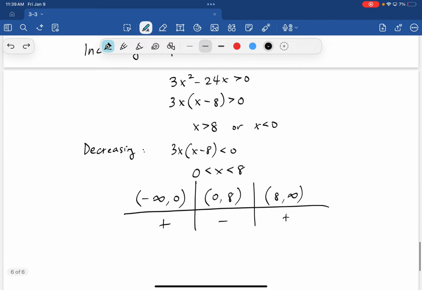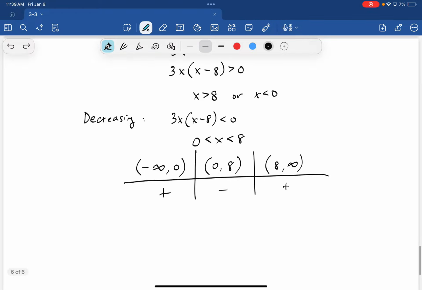And so that tells us that at our first critical point, which is here, we're going to have a maximum, right? Because if we think about what the graph looks like, it's increasing and then it's decreasing. And so that tells us that our point at x equals 0 must be a maximum. And then at x equals 8, we should be having a minimum, right? Because we start from decreasing and then we go to increasing. So that clearly shows us we have a minimum.